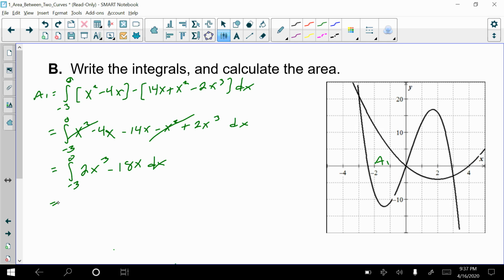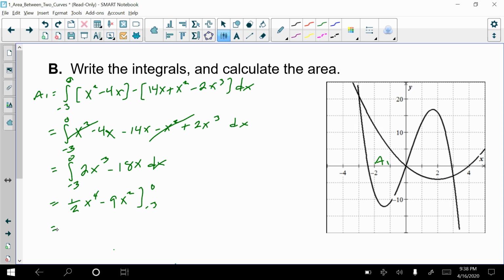Now that everything has been simplified in the integrand itself, we will take the antiderivative of each piece, and in this case I'm going to wind up with 1/2 x to the 4th minus 9x squared from the interval of -3 to 0.